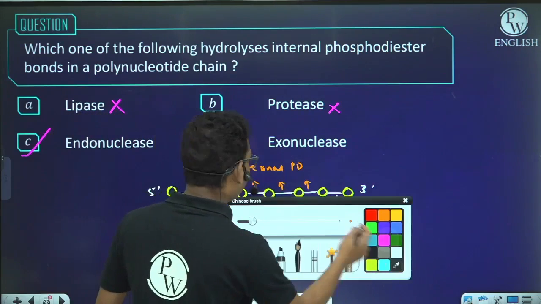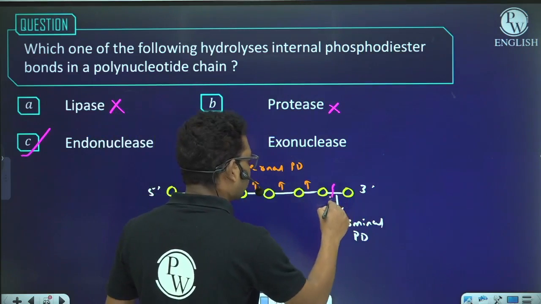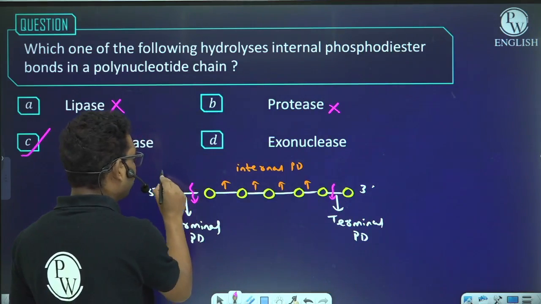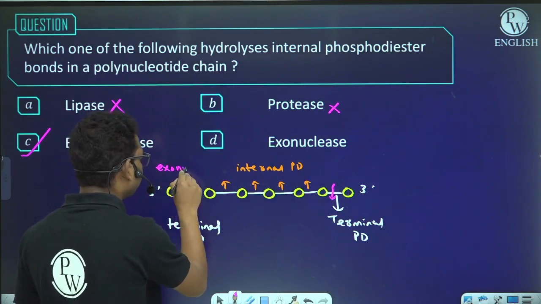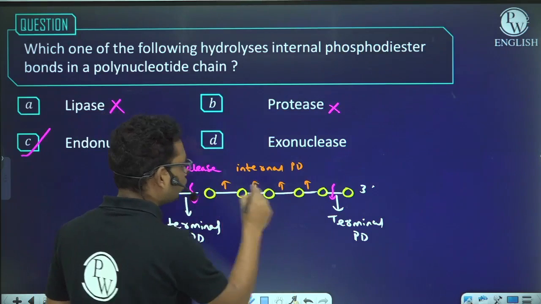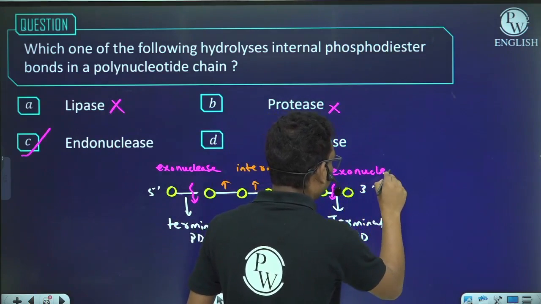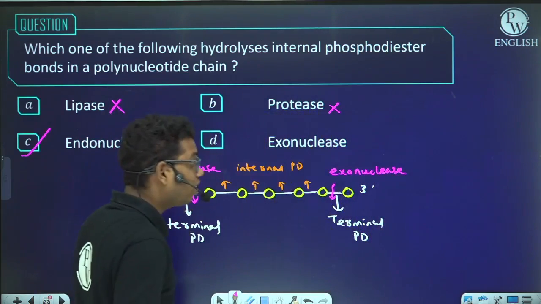Now, if you break this terminal phosphodiester bond, then this nuclease will be called exonuclease.